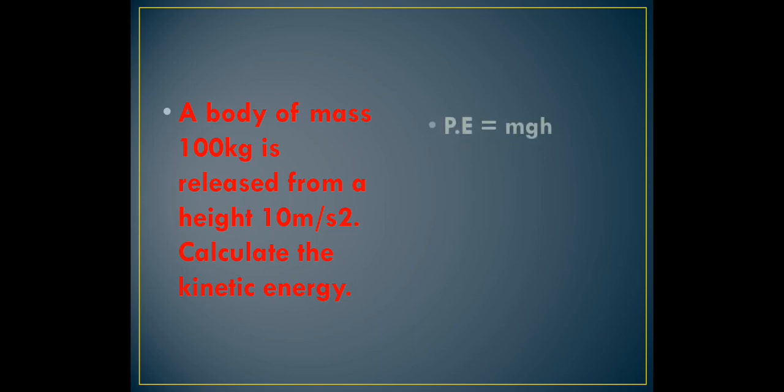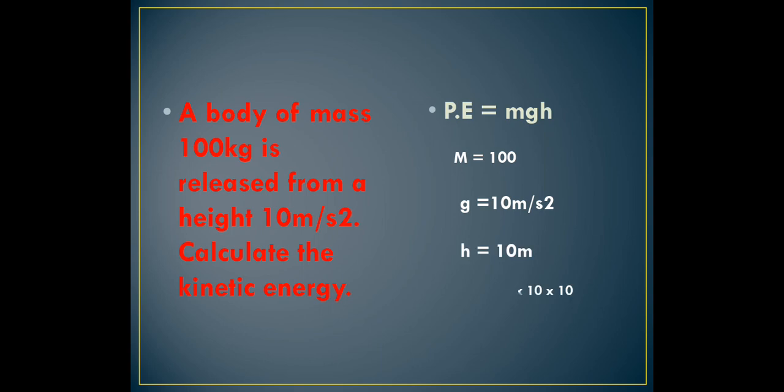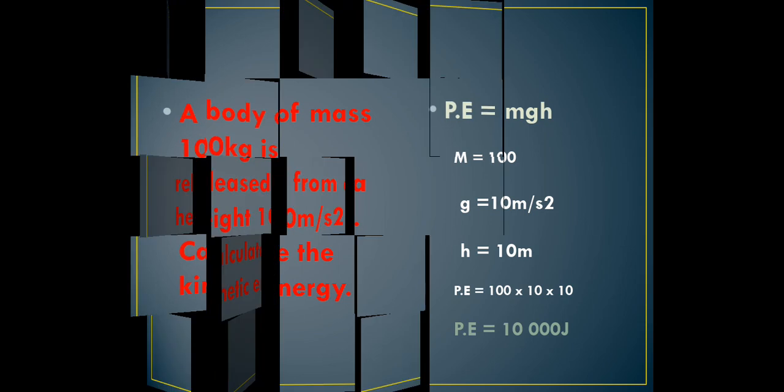What you do is write the formula PE equals mgh. The mass there is 100 kg, the g is 10 meters per second squared, and the height is 10 meters. Then multiply everything together, which is 100 times 10 times 10. That will give us 10,000 joules.